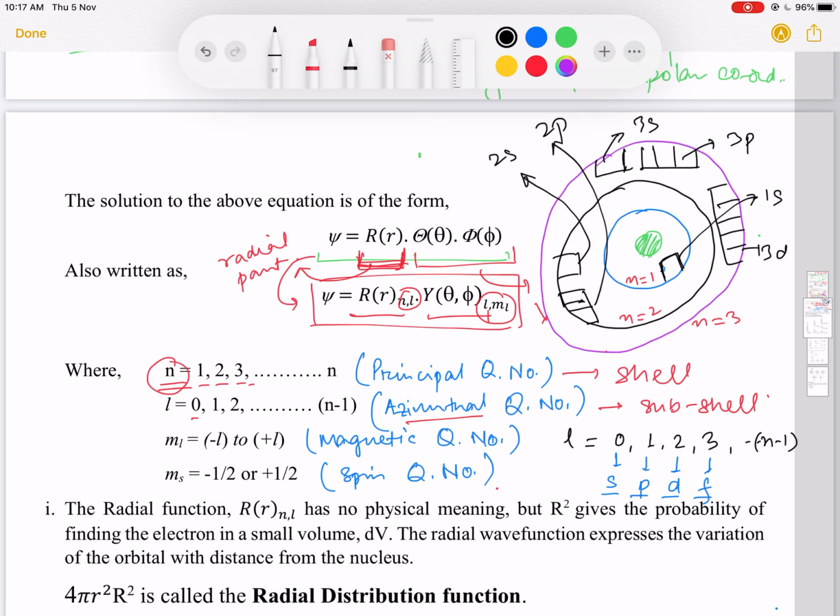The azimuthal quantum number or orbital angular momentum quantum number tells us about the subshell. If L is 0, the subshell is S, if L is 1, the subshell is P, if L is 2, the subshell is D, and if L is 3, the subshell is F, and beyond that it is not required.